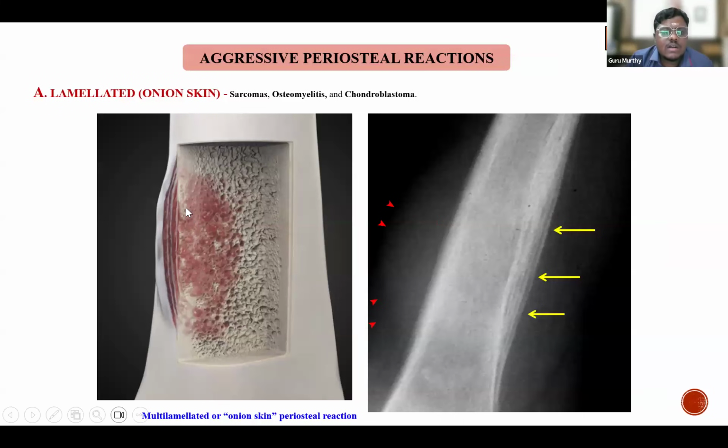Whereas in the case of an aggressive pathology like sarcomas or even infections, there will be layering of periosteum over the pathological area, giving an onion peel or onion skin type of periosteal reaction. Usually we see this type of periosteal reaction in Ewing sarcoma and sometimes even in osteomyelitis.